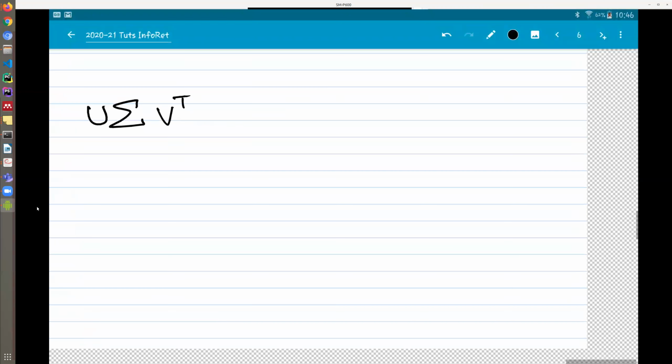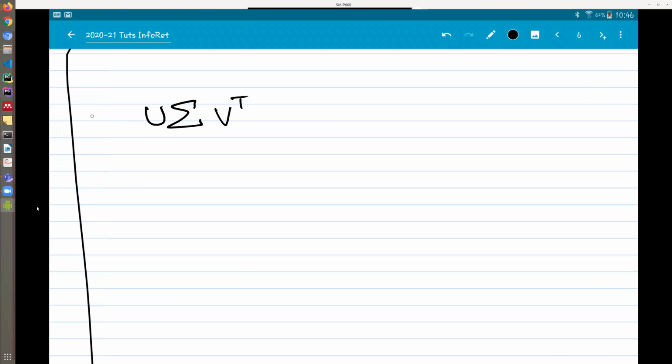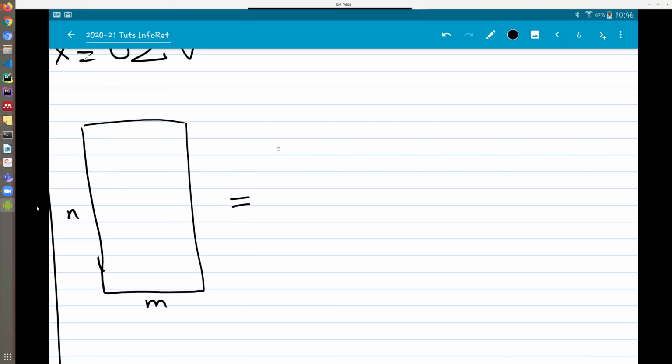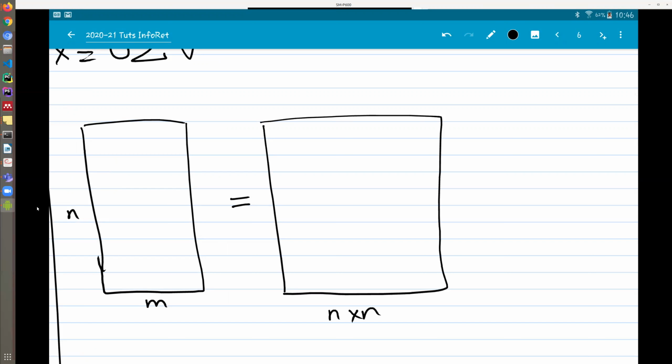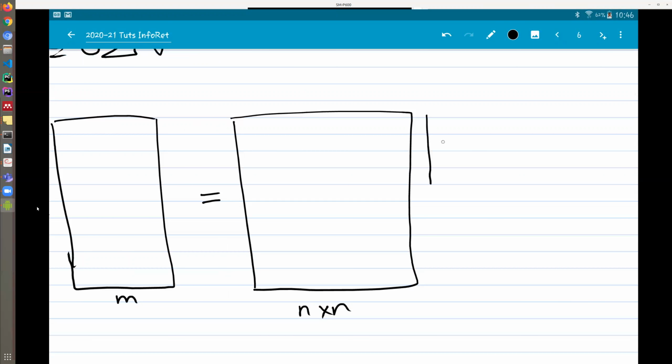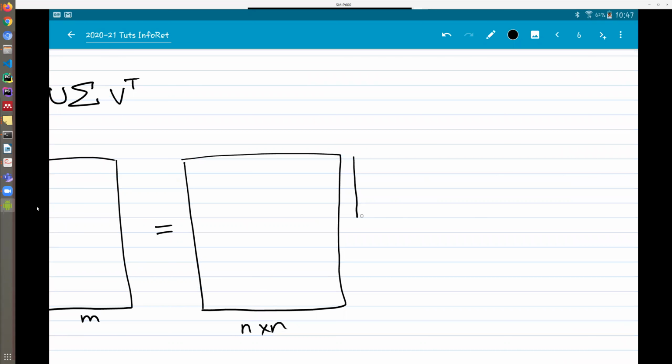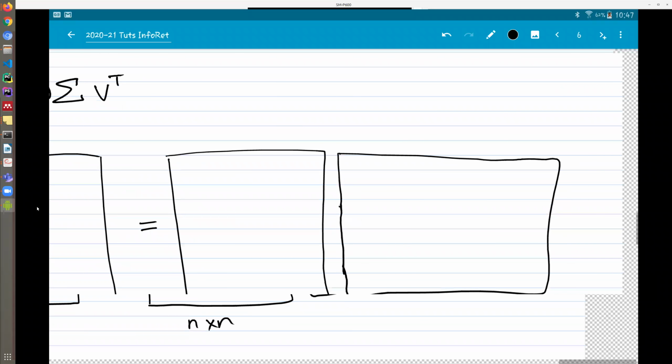While we are at it, let's say our X is of shape n by m, and its SVD becomes n by n, n by m, and m by m.